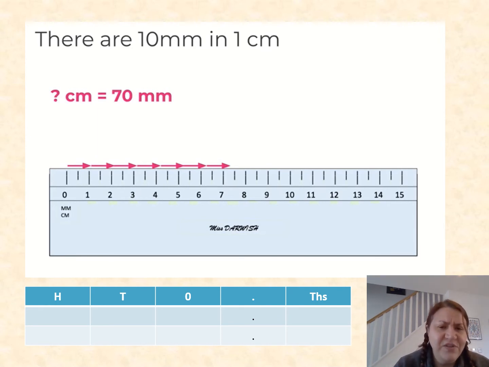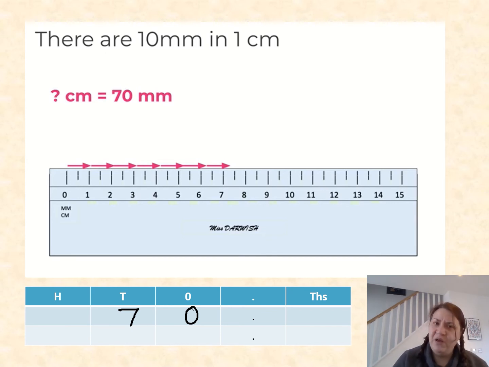Right, now let's do it the other way round. We've got millimetres, but we want to know the centimetres. So this has taken us to 70 millimetres. I'm going to put that on my place value chart. How many centimetres is that? Well, do you remember last time I multiplied, didn't I? I did 10 times 3. And this time I've got the millimetres, but I want to find the centimetres.